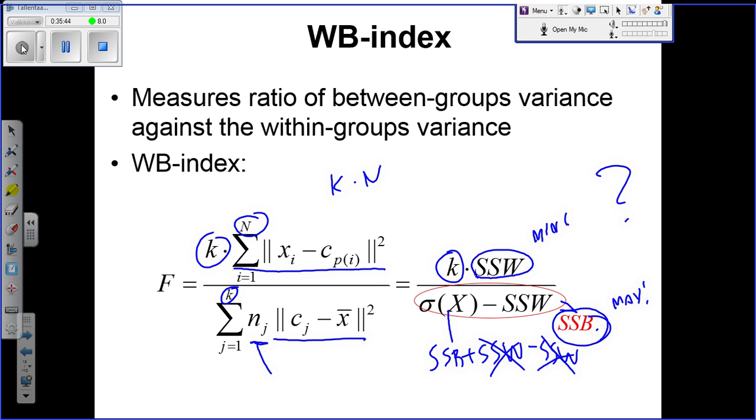So the n appears here because for every cluster we sum it up, so this will sum up to n in total. I still question why we need this k, but yeah.